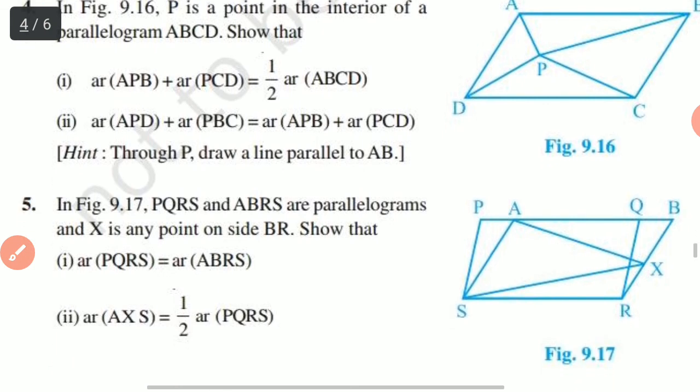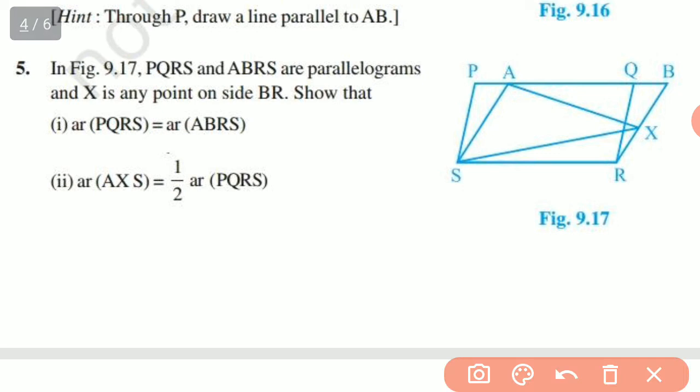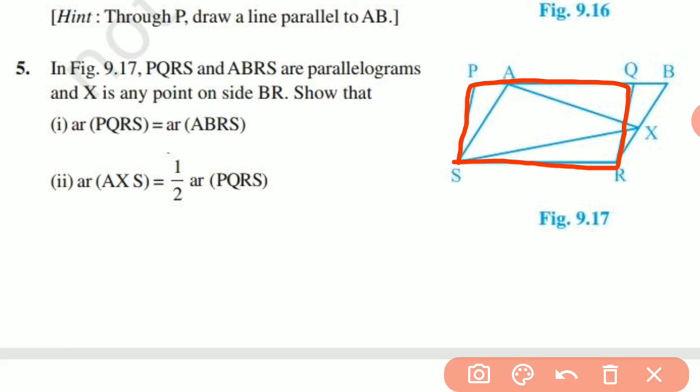Similarly, in the third case, in question number 5, to prove this, given that PQRS is a parallelogram, PQRS is one parallelogram, and this is the second parallelogram ABRS.